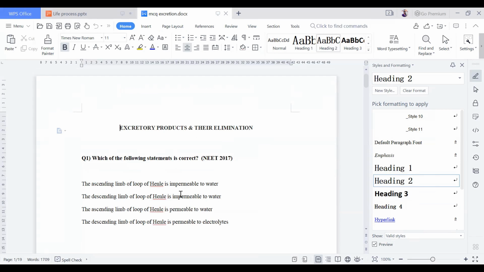Option C, the ascending limb of loop of Henle is permeable to water. Option D, the descending limb of loop of Henle is permeable to electrolytes. So what is the answer? Can you answer through a message?